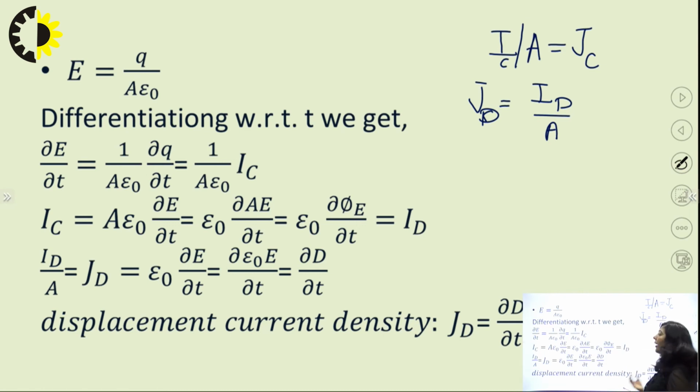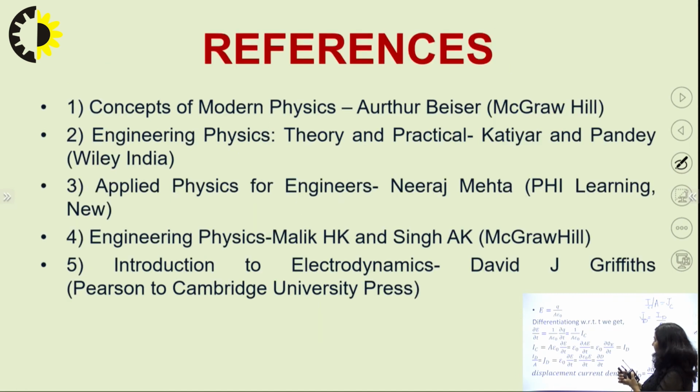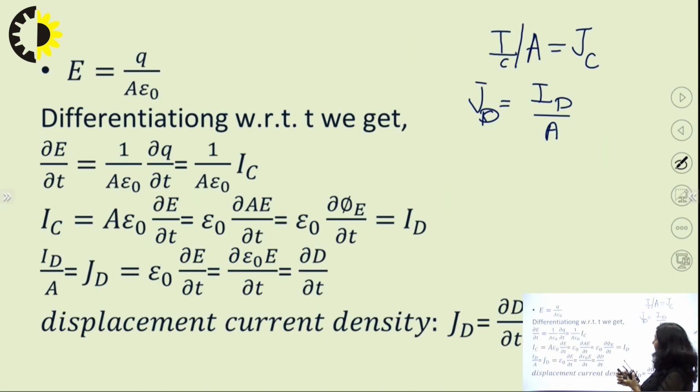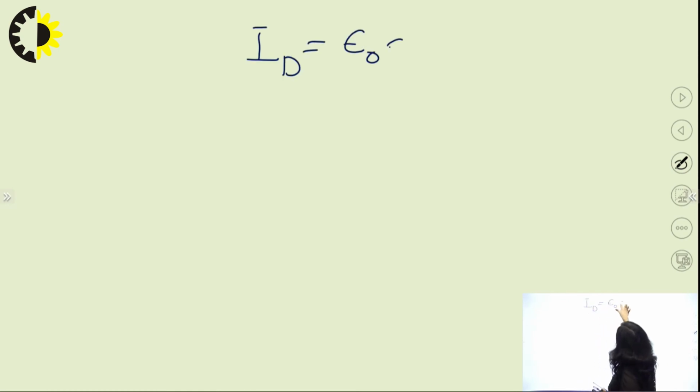Now, in order to find the value of displacement current density, let me derive this ID here. You have ID as epsilon naught d phi e by dt. This is your displacement current.